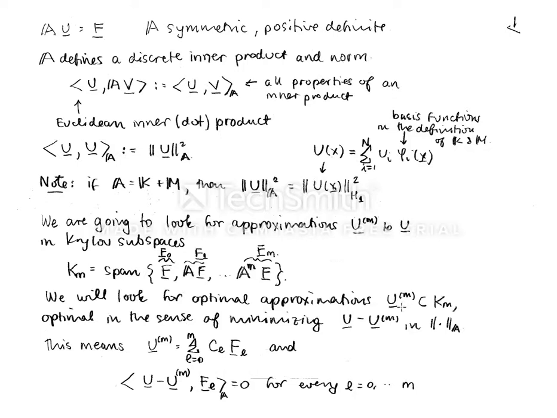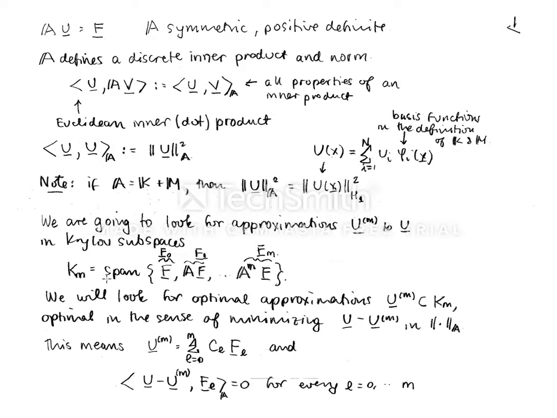If we look for optimal approximations in the sense of minimizing the difference, so we're going to have an optimal approximation to U, not in the Euclidean norm, but in this A norm. Since we're in this case where there's an inner product, it means that the difference between the exact solution and our approximate solution has to be A orthogonal to all of these f values.